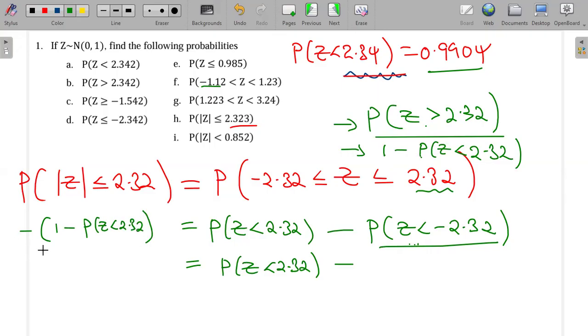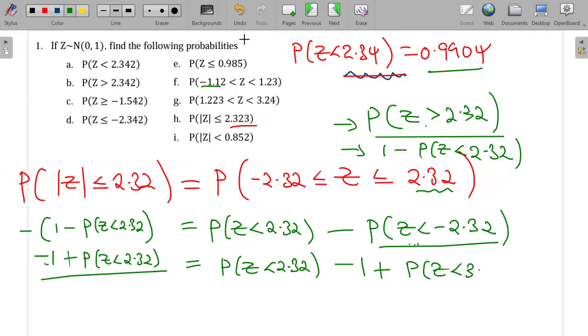This will give me minus 1 plus the probability of Z being less than 2.32. So if you don't want to use the Z score table for negative values, you can do this. This whole thing has just become minus 1 plus the probability that Z is less than 2.32.